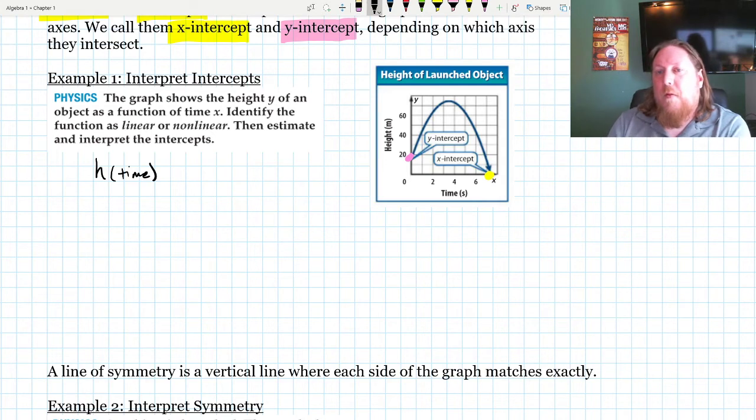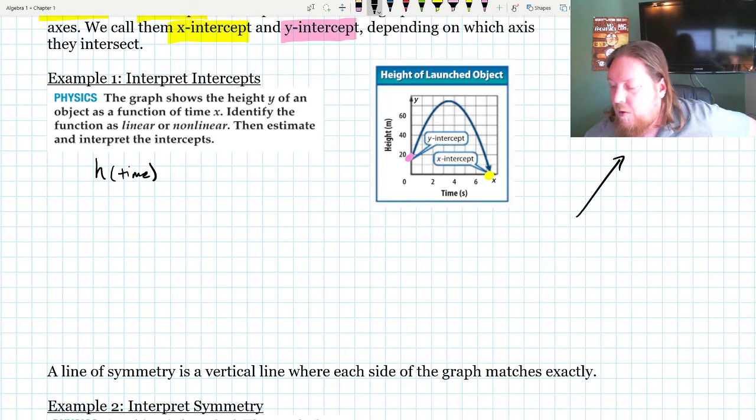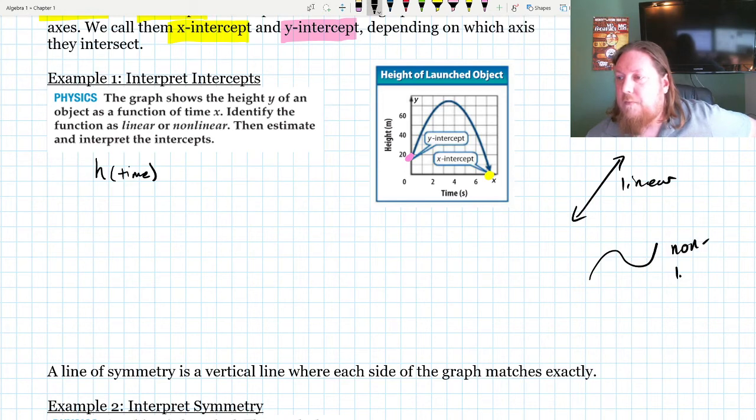So if you remember the last example in the last set of videos, I should know, it was like 30 seconds ago for me. The big difference between linear and nonlinear: a straight line is linear, any sort of curving is nonlinear.